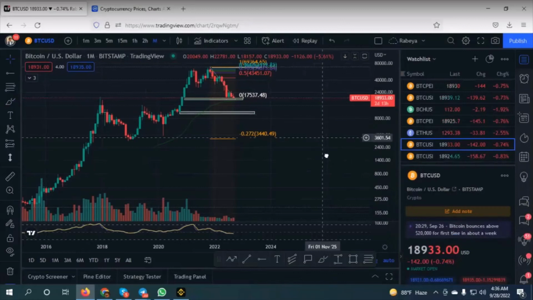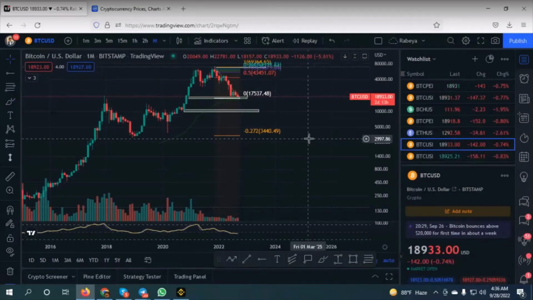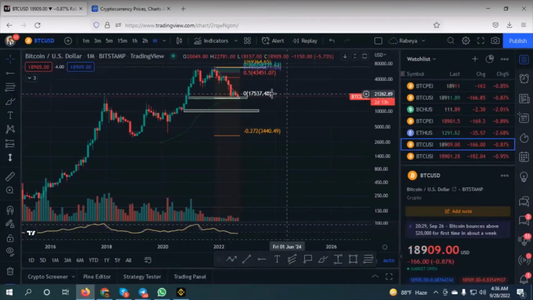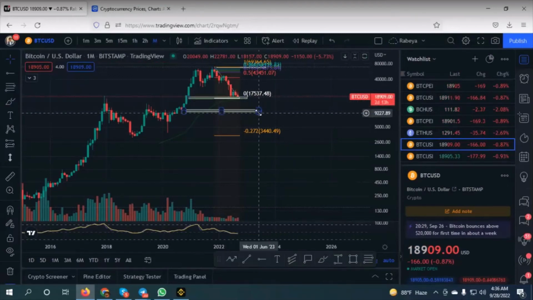If we don't go down in these 3 days, then we can see more pump, obviously, because we can't break $17,500. If we break this zone, then we can see $10,000. But don't wait for this zone.